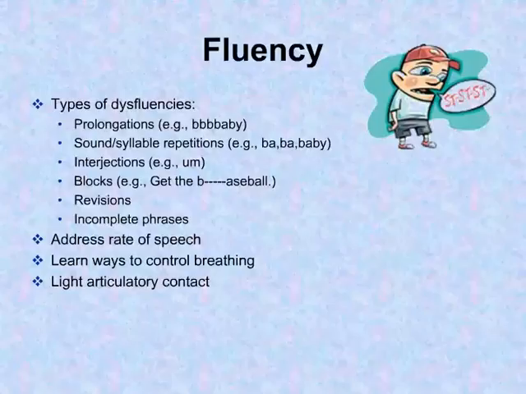They may also show signs of frustration. The speech therapist may teach children specific skills to improve their ability to communicate, such as monitoring their rate of speech, learning to control breathing, and producing words with less tension. It is also helpful to provide communication partners with suggestions on ways to help children who stutter, such as to make sure they do not finish the child's sentences, don't rush the child, and provide a positive, non-stressful environment.